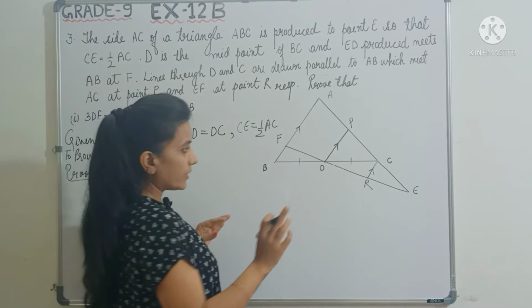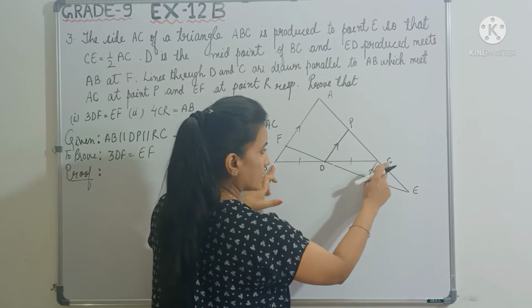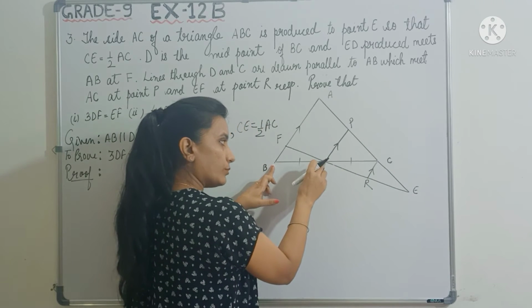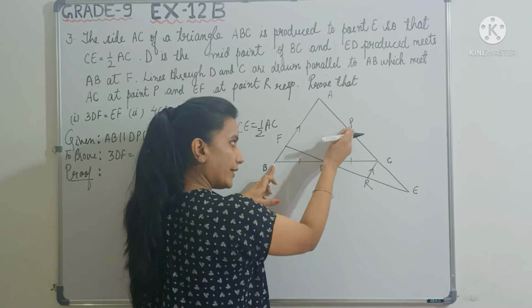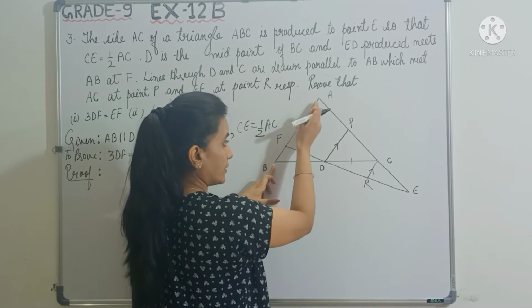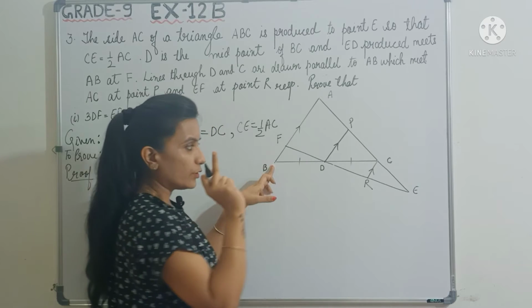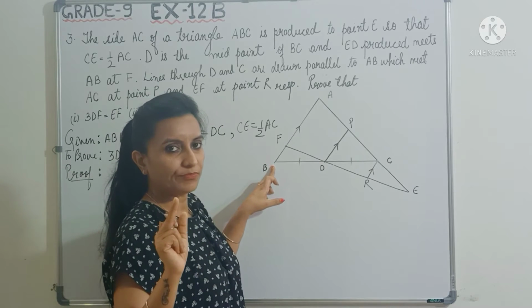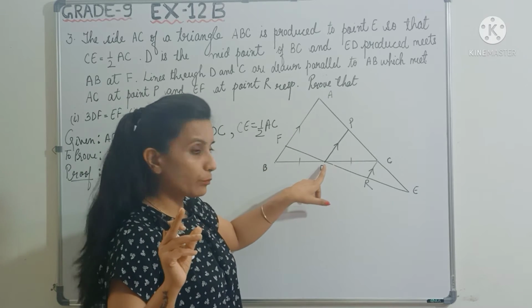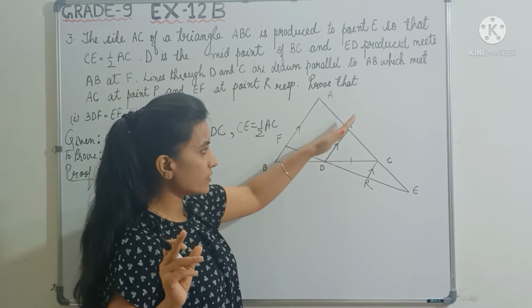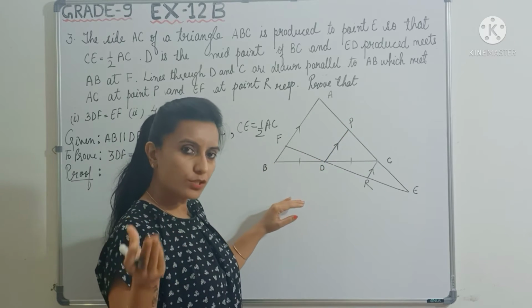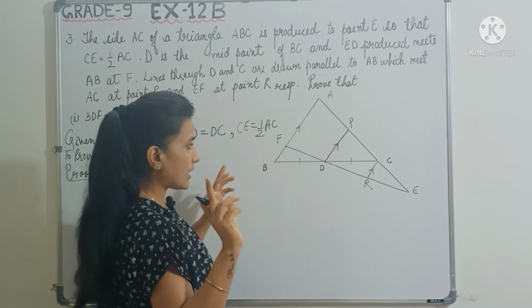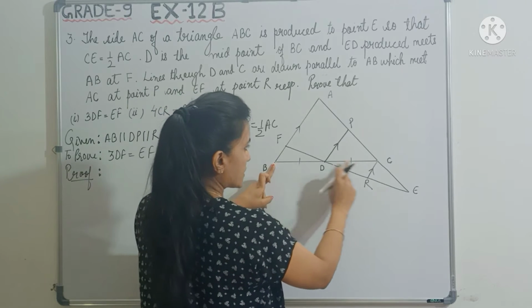They have given that D is the midpoint of BC, right? And from this D, there is a line which is parallel to BA, right? So now you can easily use which theorem? You can easily use one midpoint is given and one parallel line is given, right? So you can use converse of midpoint theorem, right? So for that you have to take triangle BCA.